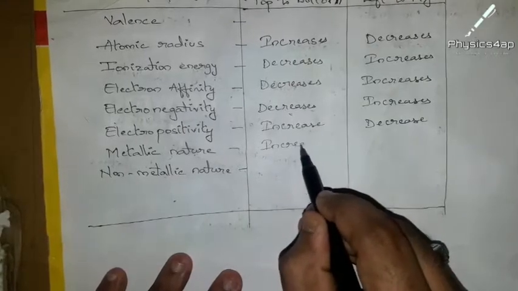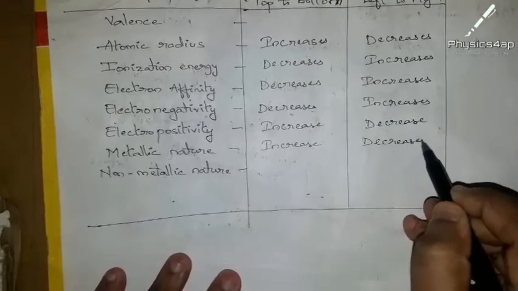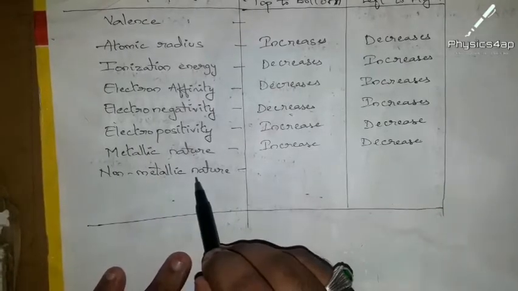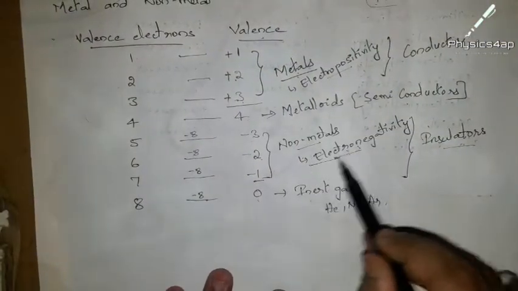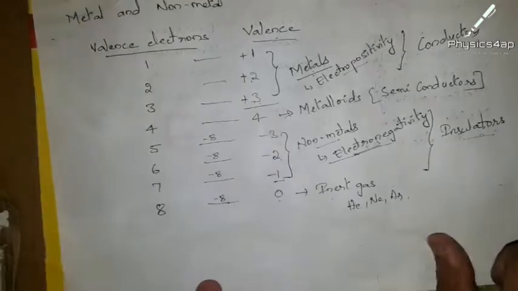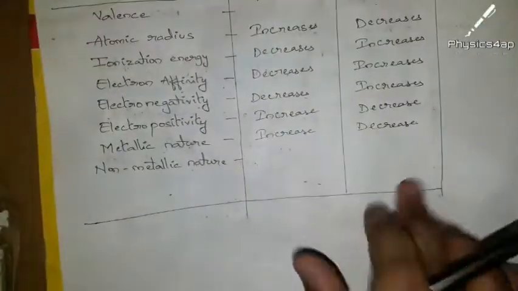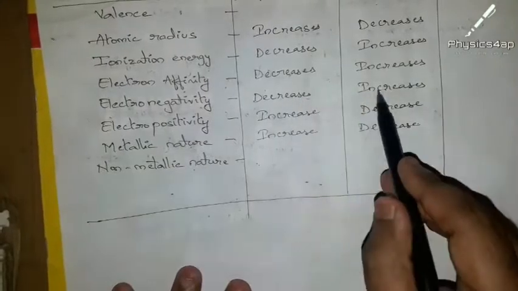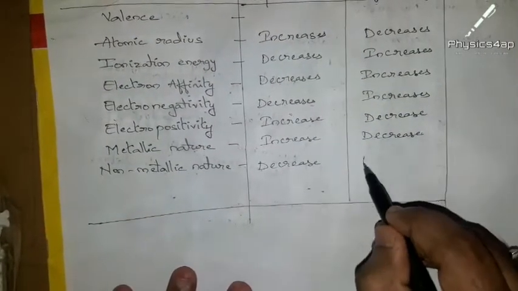So it is the same as electronegativity: decrease and increase. So this is what we have discussed about the periodic properties of all the elements.